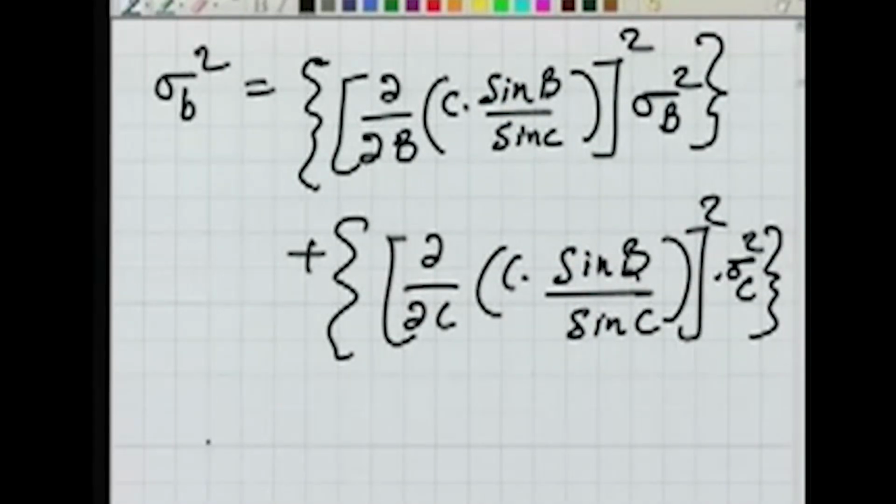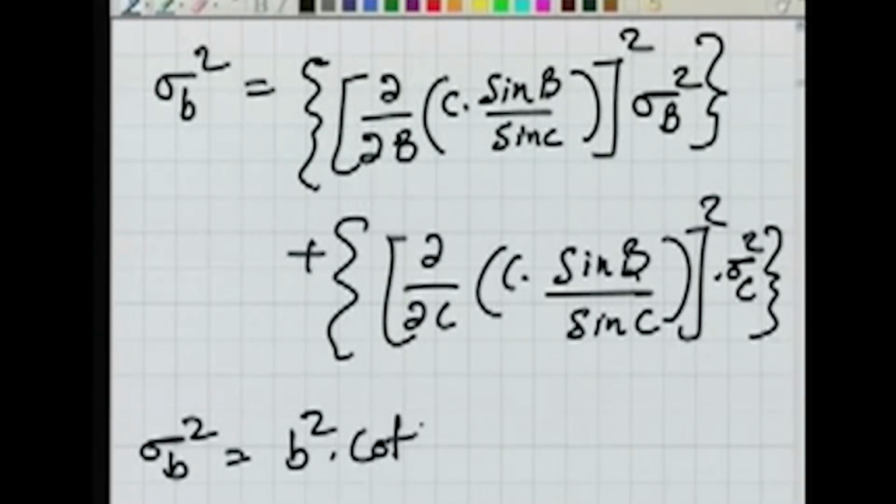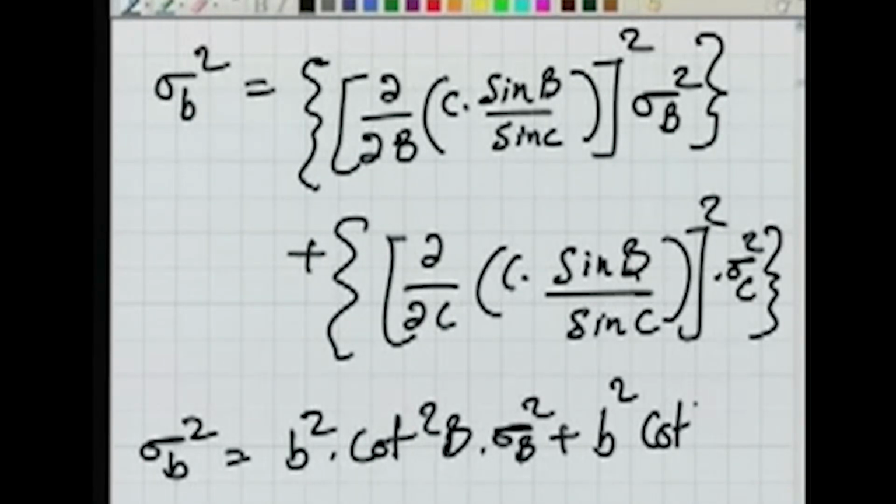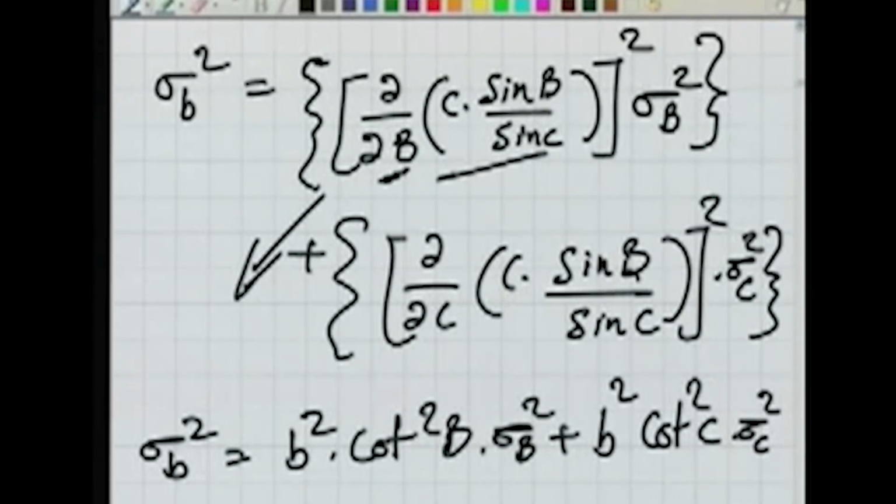Now this can be simplified and this can be further written as, I can write it as b square cot square B sigma B square plus b square cot square C sigma C square. So you can do it yourself. I am just finding the partial derivative of this with angle B, and similarly here with C, and then simplifying this.